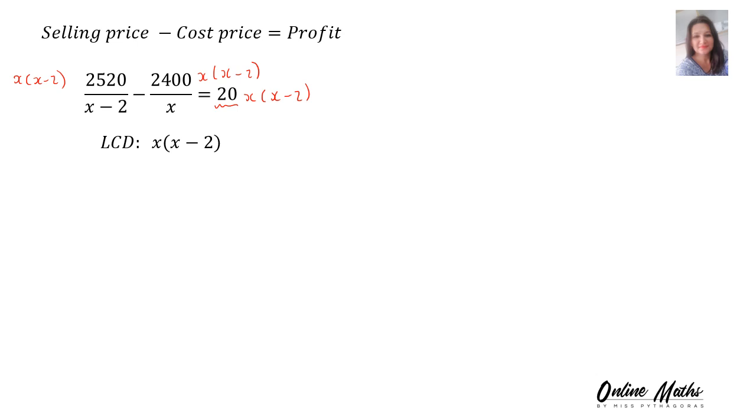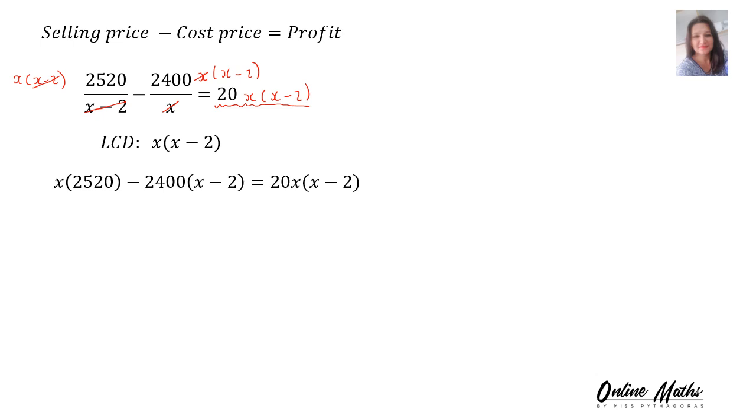Now, in the next step, the X minus 2 under the line and the X minus 2 will cancel, and I'm left with X bracket 2,520. In the second term, X and X will cancel, and I'm left with minus 2,400 bracket X minus 2, and on the right hand side we have 20X bracket X minus 2.